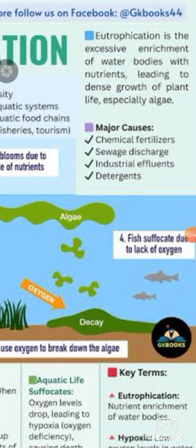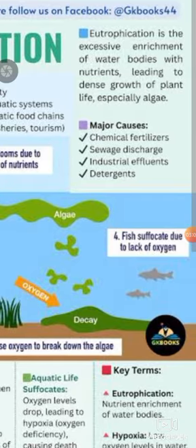Organic fertilizer is not the cause, so that's the correct answer. But chemical fertilizers, sewage discharge, industrial effluents, detergents, they are culprits. They cause it by leaching, by finding their way into the water bodies. Detergents contain a lot of phosphate.